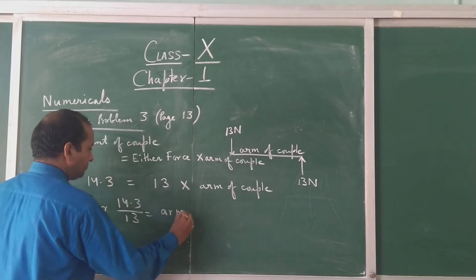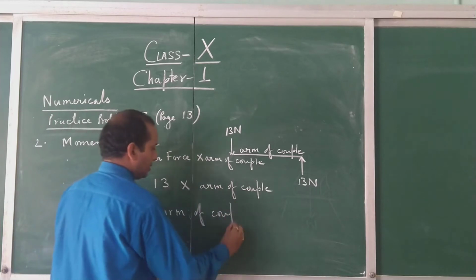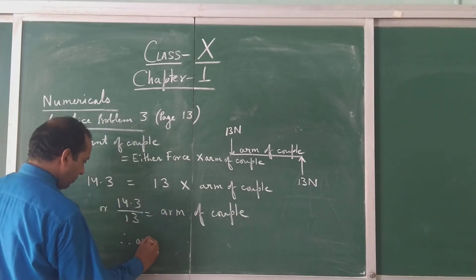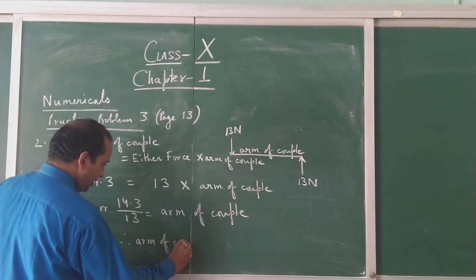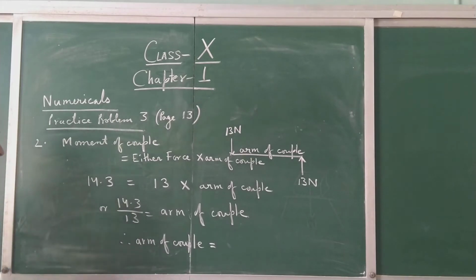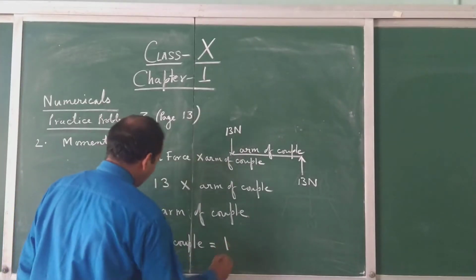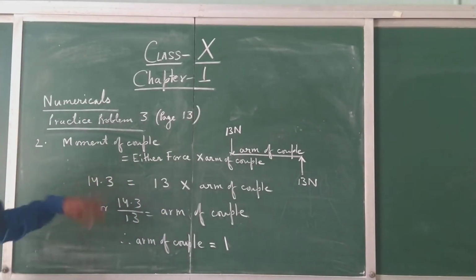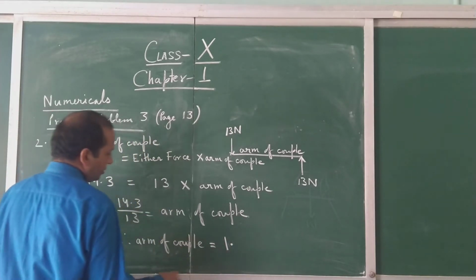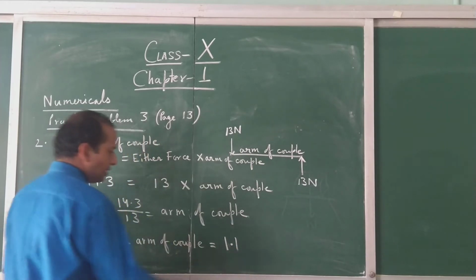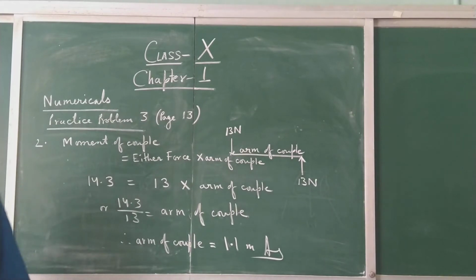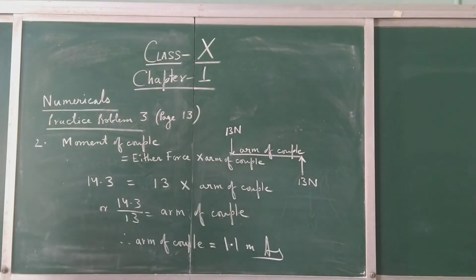Dividing, 13 ones are 13, 1 left out, then keep a decimal here. Then 13 ones are 13 again, and the answer is 1.1, and it will be in meters. That is the required answer.